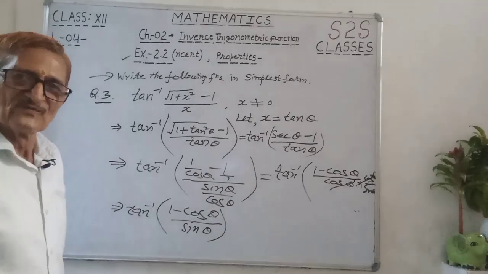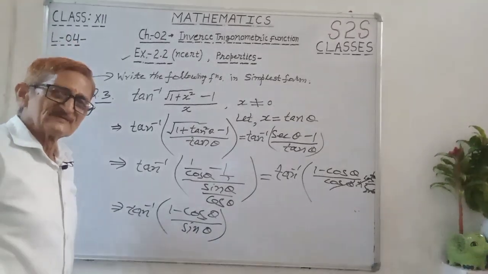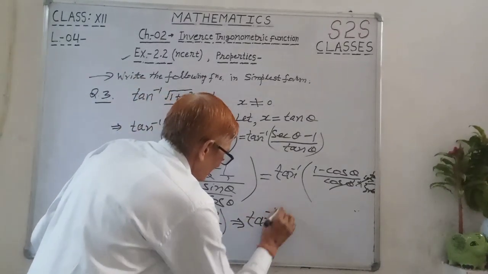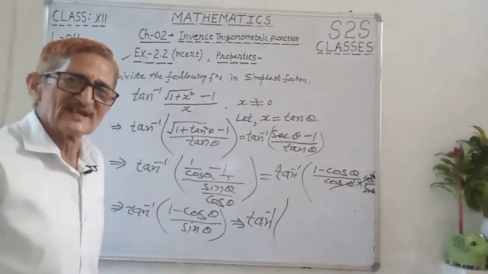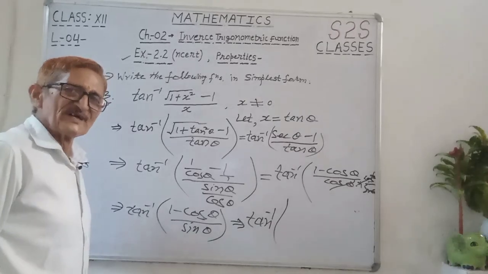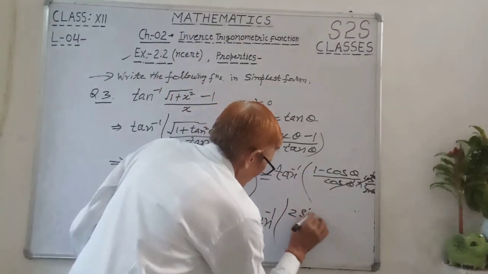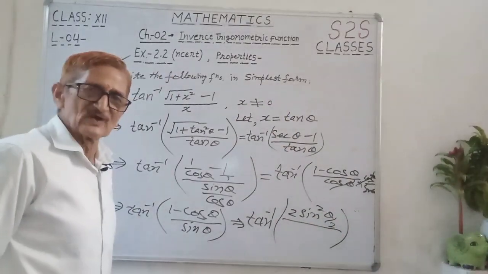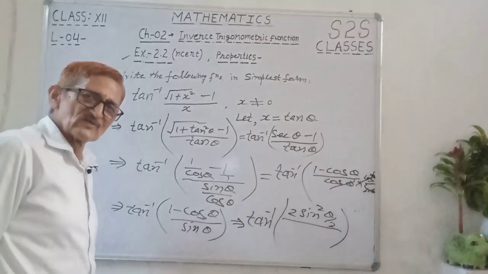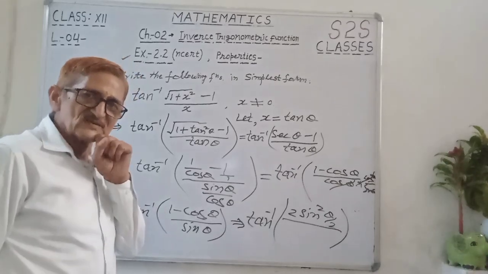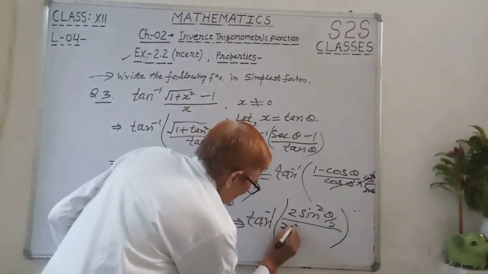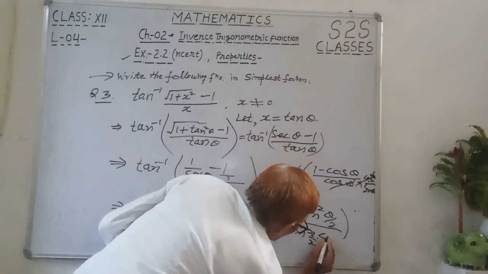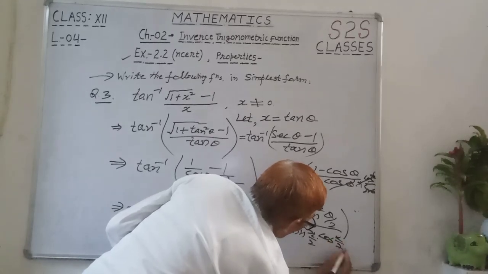For 1 minus cos x, I told you the formula: 2 sin square x by 2. So 1 minus cos theta is 2 sin square theta by 2, upon sin theta. Also I told you the sin 2x formula, 2 sin x cos x, so sin theta is 2 sin theta by 2 into cos theta by 2.